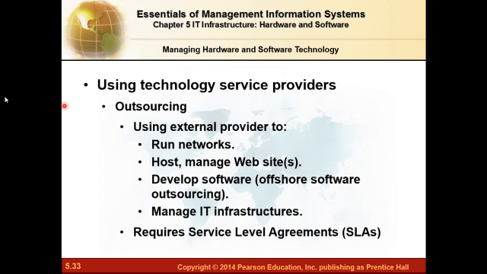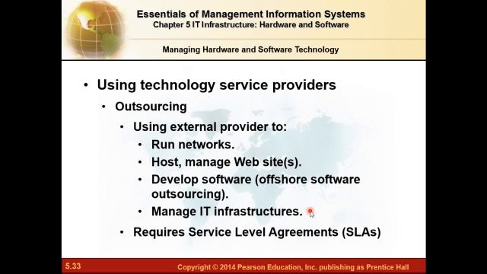In order for the company to have hardware and software, the company can use technology service providers by outsourcing to an external provider to run the network, host and manage websites, develop software, and manage IT infrastructure.